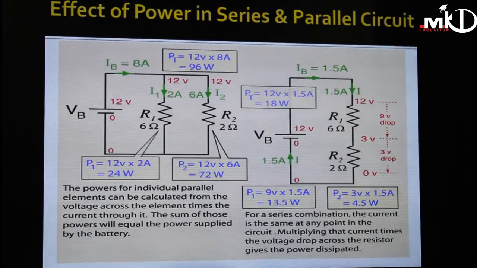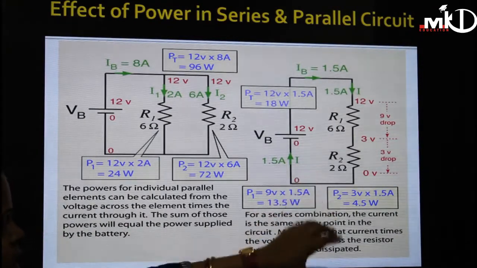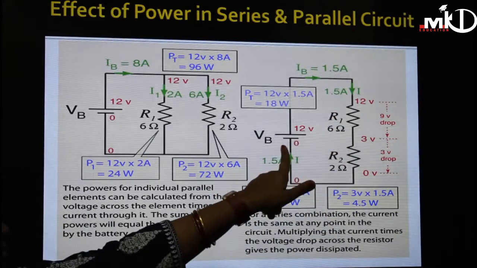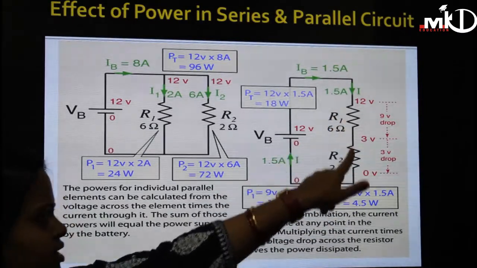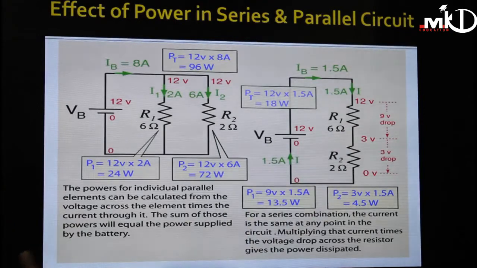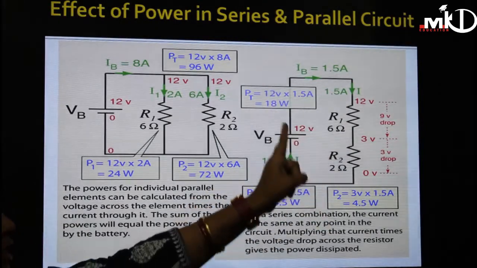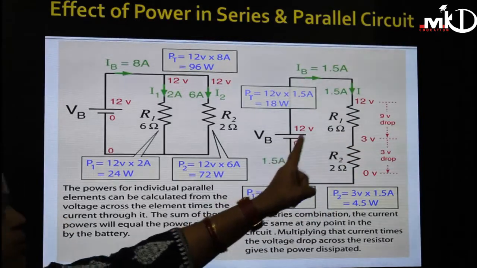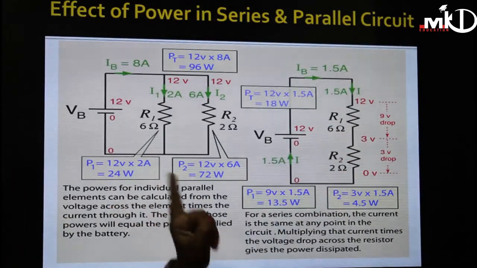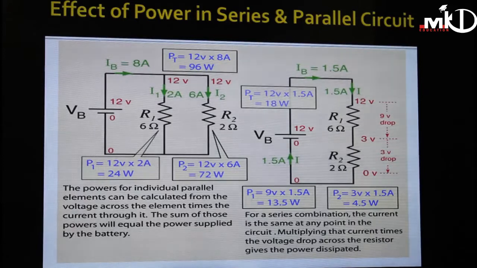Then if we go for the series circuit, the values are the same. Battery voltage and all the resistance values are the same. But I have told you that in case of a series circuit, current is the same but voltage is additive. So here again we need to find out the branch current, branch powers, then total circuit power.